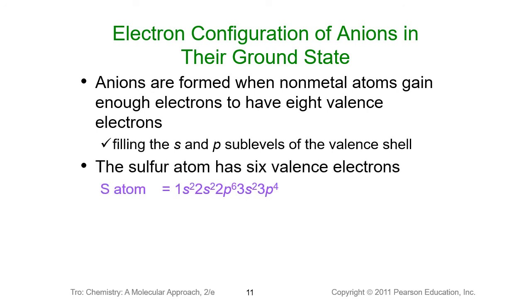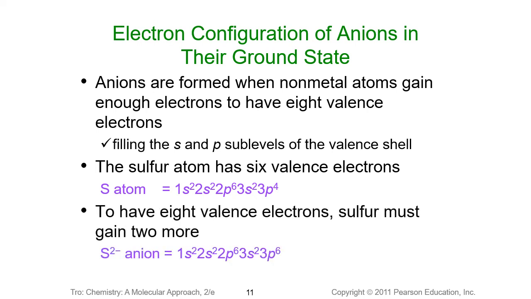If we start with sulfur, which has 6 valence electrons, in order to have 8, it's going to gain 2 electrons to become S2-. So now we have 3s2, 3p6 for a total of 8 valence electrons. This is why knowing the position on the periodic table helps us to determine the charge.